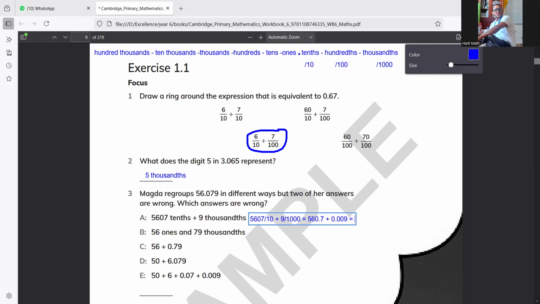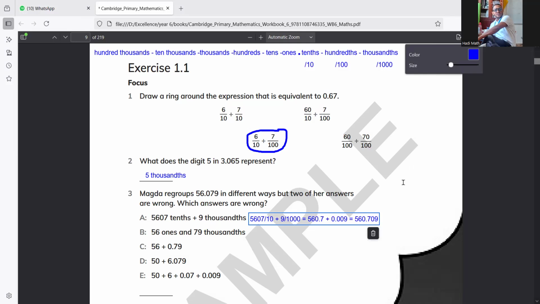Some people see 5 is hundreds, there is no other hundred, so they write the 5. 6 is tens, they write the 6. There are no ones, they write the 0. They put the decimal point. 7 is tenths, they write 7. Hundredths, we don't have it, so we put 0. And then 9 as thousandths.